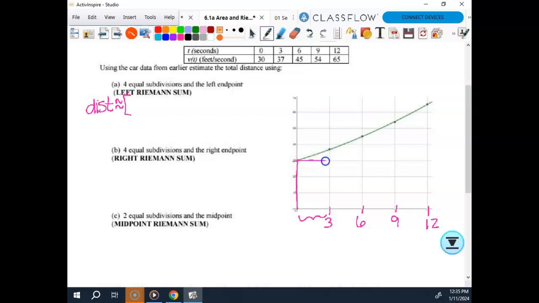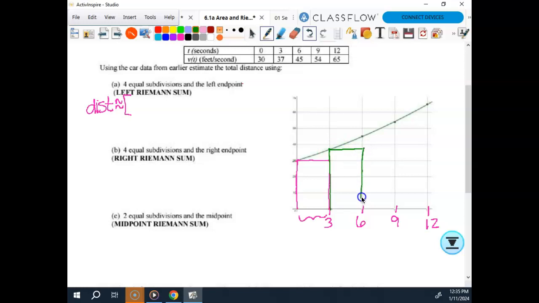I make a horizontal line there and then drop back down. Then when I go from 3 to 6, I drop down from here and from here on the left-hand side, and then I draw my rectangle.